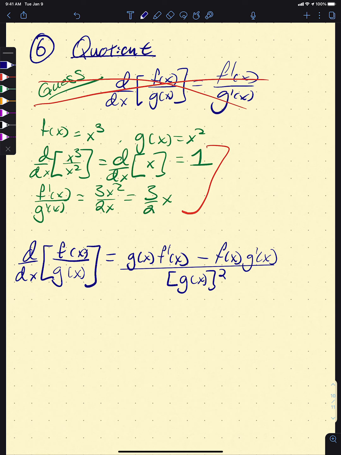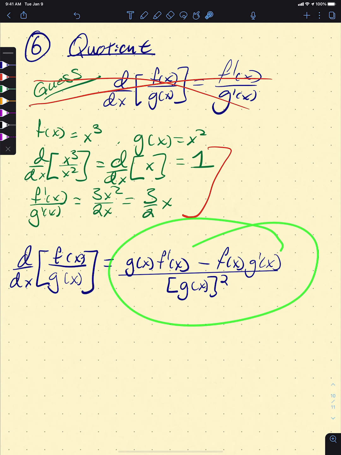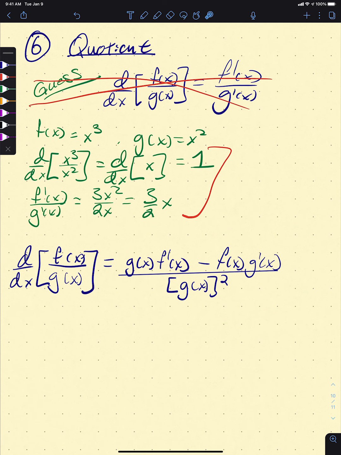Okay, and this quotient rule is famous for a number of reasons. Of course, one of the reasons that it's famous is it's ridiculous, right? It is not intuitive. This isn't what you would guess it would be based on even how the product rule looks, right?